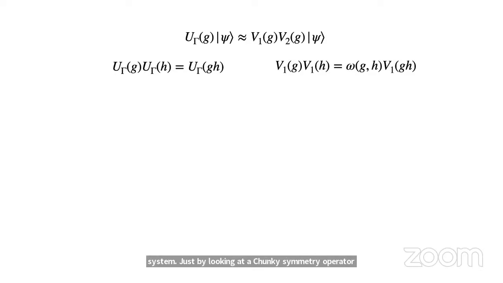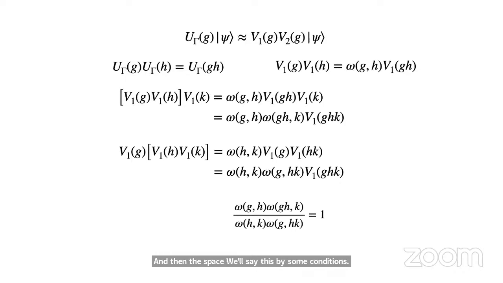So you have V1, V2, and by definition, the symmetry transformations have to satisfy group algebra, U of G times U of H is U of GH. This condition translates into V1 and V2 satisfying the group law up to some phase. Then this phase will satisfy some condition which can be derived from the associativity of these operators, and we get the cocycle condition, etc.